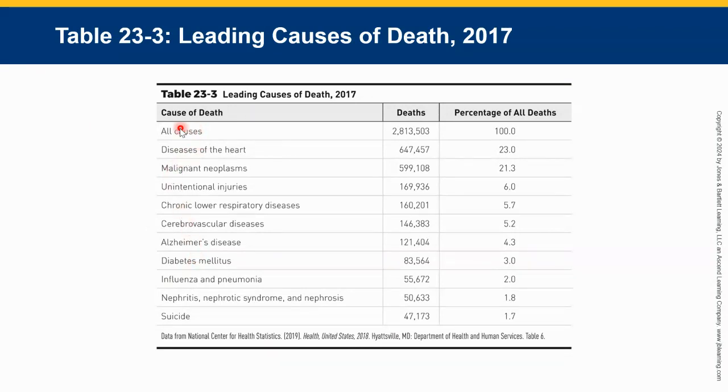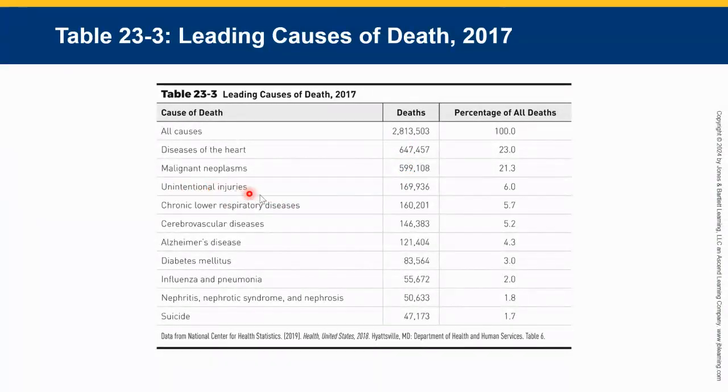So the leading causes today, for all causes of death, 100% of the deaths, so out of 2.8 million deaths, number 1, disease of the heart. So heart disease, coronary artery disease, 647,000 people died of that. Number 2, the second most common cause of death, malignant neoplasm or cancer, almost 600,000 people out of 2.8 million died from that.